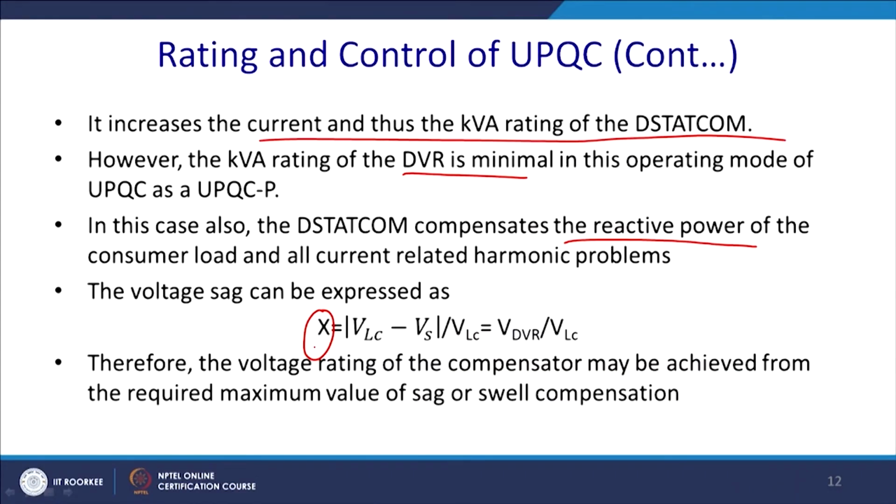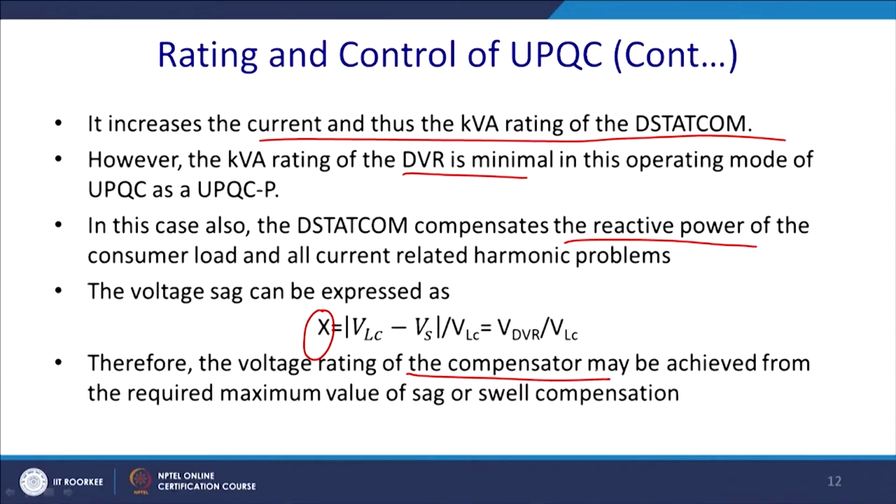So, the voltage sag here can also be expressed as x equal to (VL minus Vs) by VL. So, you can cancel it. Ultimately, since they are in-phase components, you get dVr by VL, a very simple way to compute from the phasor. Therefore, the voltage rating of the compensator may be achieved from the required minimum value of the sag as well as the swell compensation.